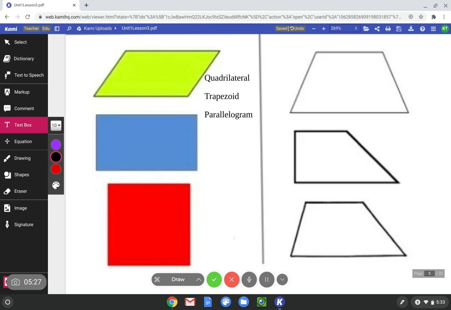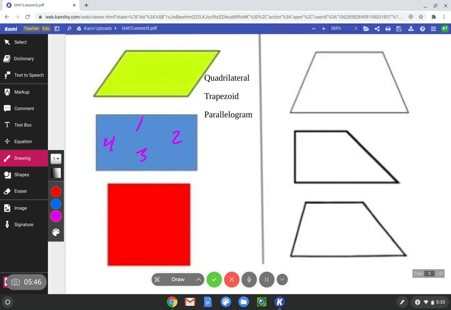Okay, let's move on to this blue shape in the center. So again, we are breaking these down and starting from vague descriptions and getting as specific as possible. Okay, so I'm being vague. 1, 2, 3, 4. Okay, so it has 4 sides. What does that make the shape?